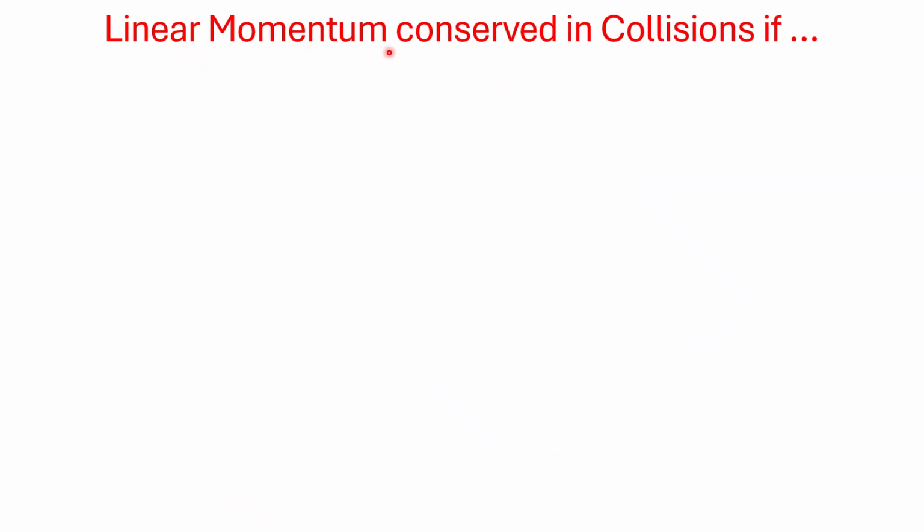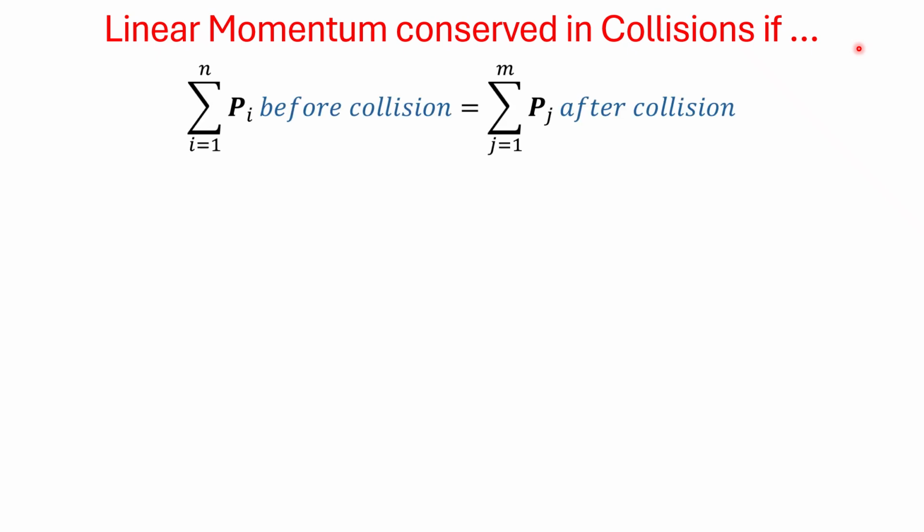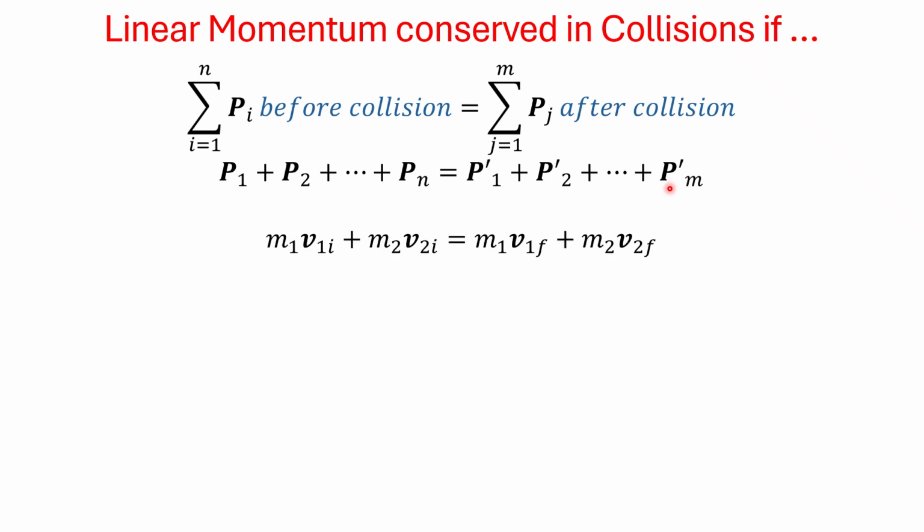The linear momentum of a system of particles is conserved in case of collisions if there is no external force acting on it. So, the summation of momentum before collision is equal to the summation of momentum after collision. So P1 bar plus P2 bar plus P3 bar and so on up to Pn bar is the momentum before collision, and it is exactly equal to P1 bar dash plus P2 bar dash and so on up to Pm bar dash, that is after collision.